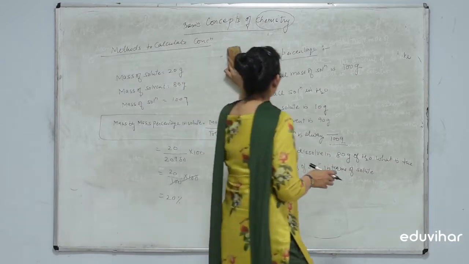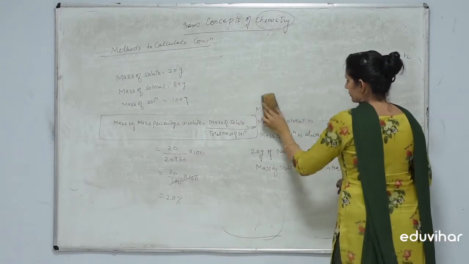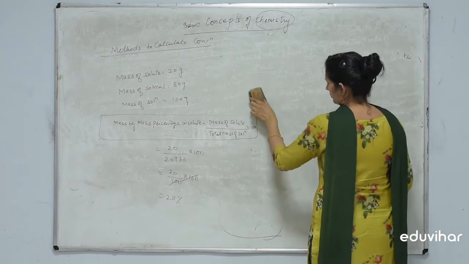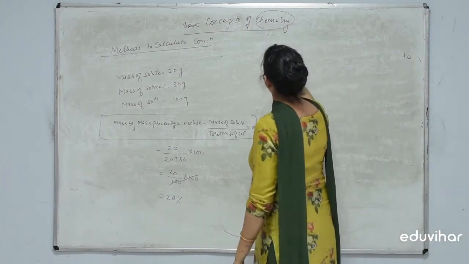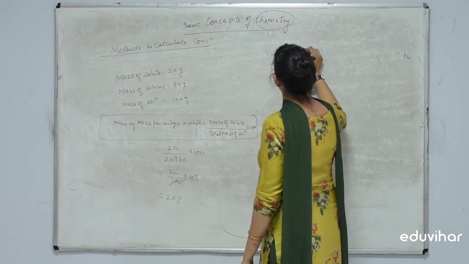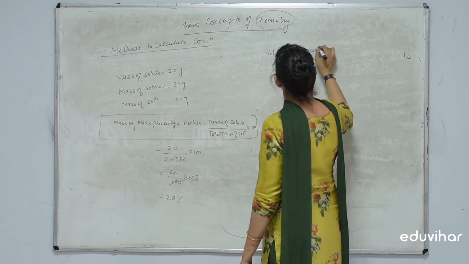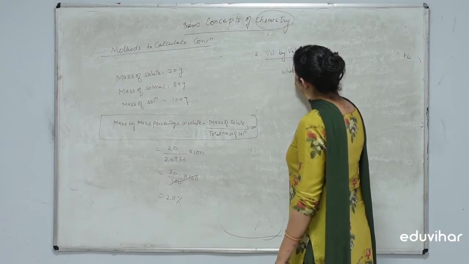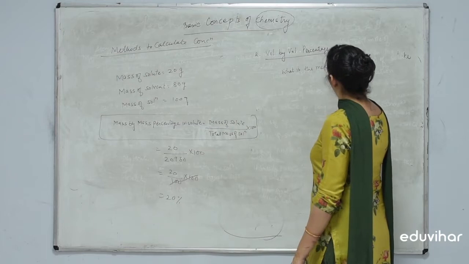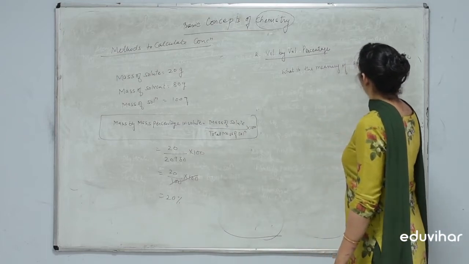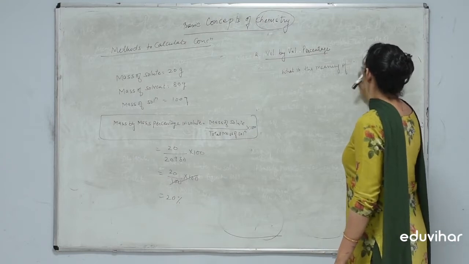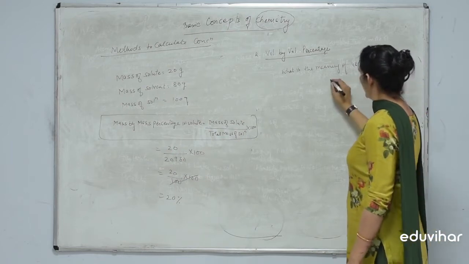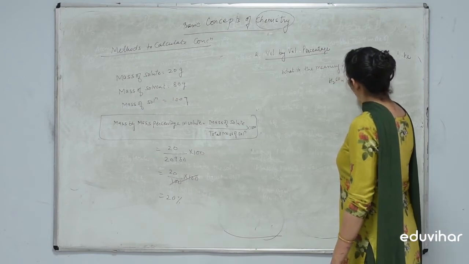Next is volume by volume percentage. Okay, before this, can you tell me the meaning of 48% by mass of H2SO4 in water?